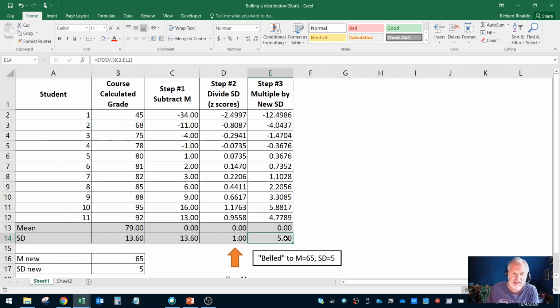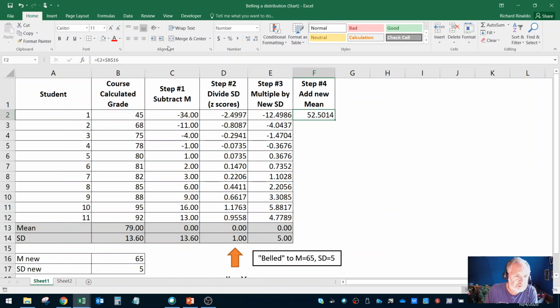So I take the scores in the next column over, and I add the mean new. And when I drag the mean and standard deviation, I should have a mean of 65 and a standard deviation of 5.